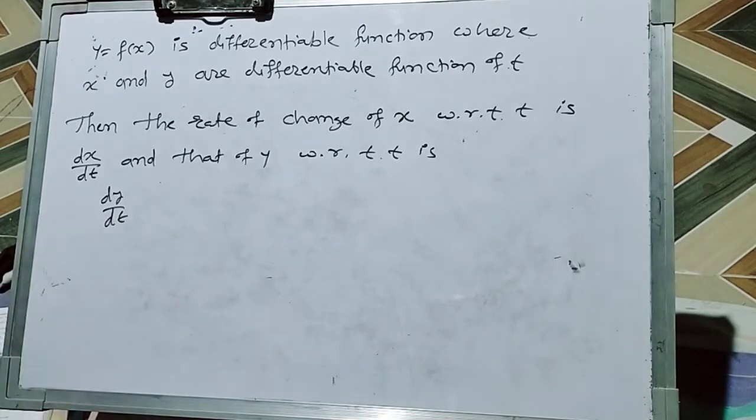So here dy by dt means the rate of change of y with respect to t. Now consider an example.